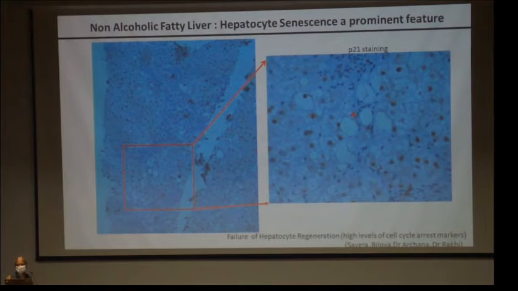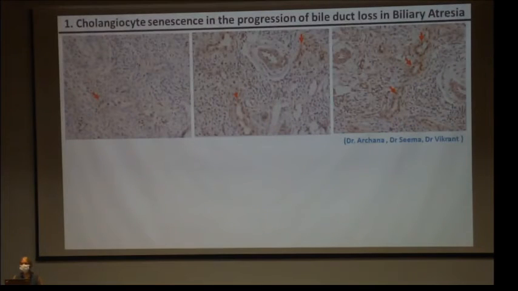So these are Ki67, PCNA negative, but P21 positive. And in the bigger ballooned cells, you will find that the lipid is pushed to the side. An interesting finding is that these senescent cells attract a lot of immune cells. That means they are also inflammatory in nature. So this is one cross-sectional study.